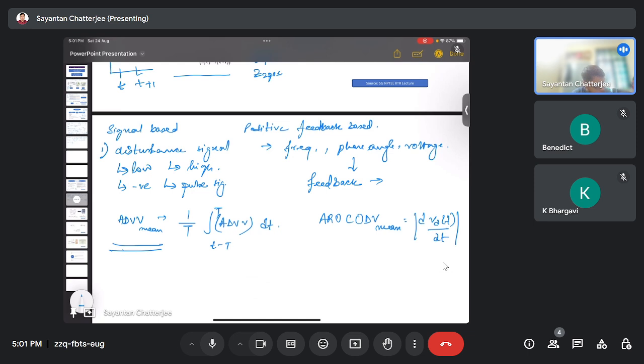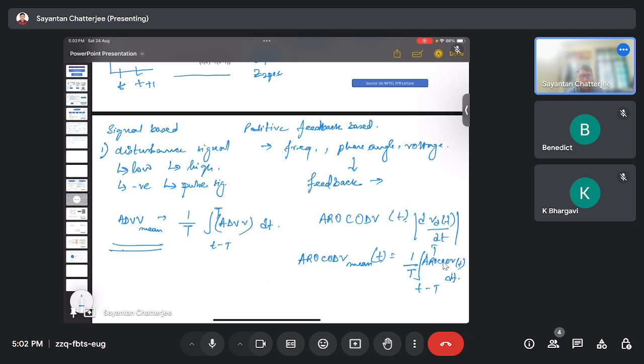So based on Vd, we calculate the ARO CODV mean, and this mean value would imply the change. That is ARO CODV equals 1 by T, integral from T minus T to T of the derivative dVd by dt.